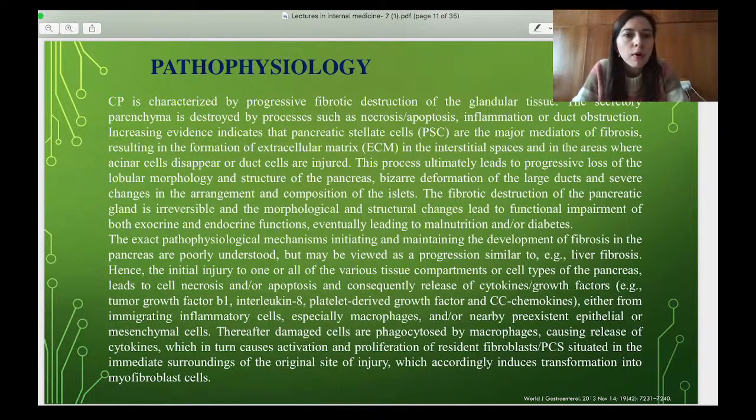The secretory parenchyma is destroyed by processes such as necrosis or apoptosis, or both, inflammation, or duct obstruction.